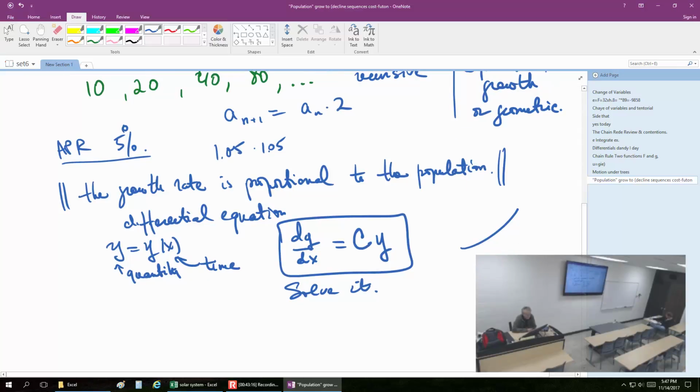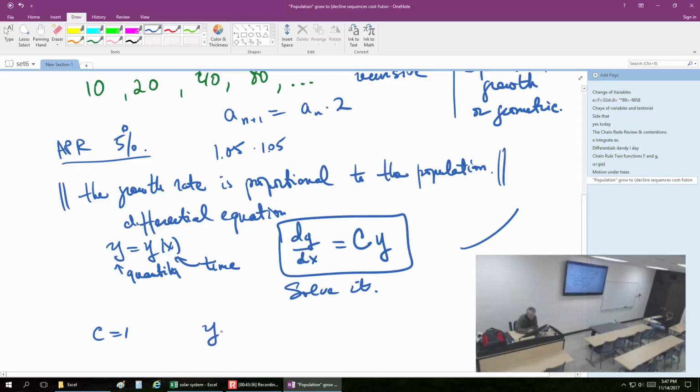Can you solve it? Well, think about it. The derivative of the function is equal to the function itself multiplied by a constant number. How about c equal to 1?